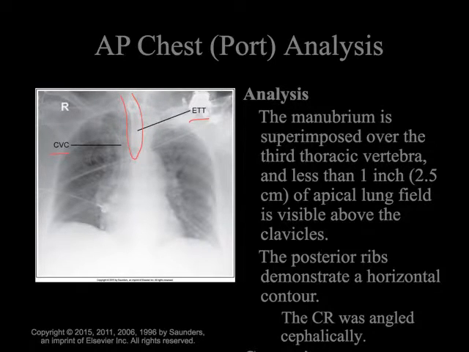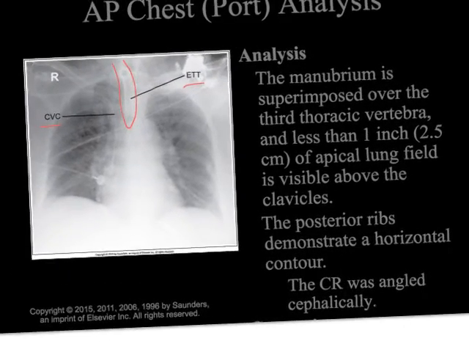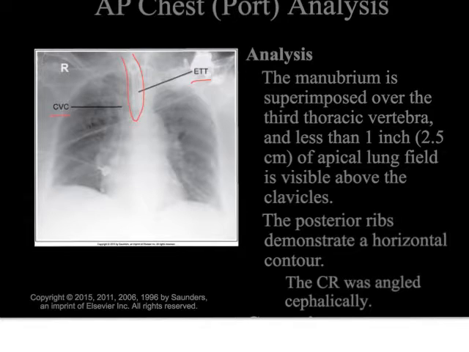So let's talk about whether or not we've actually got a good image. And I think the main thing that I look at personally is where the sternoclavicular ends are located in terms of superior to inferior. These are getting pretty high, pretty close to the apices of the lungs. So what I know is this is what I would call a lordotic image, although the patient may not be situated lordotic.